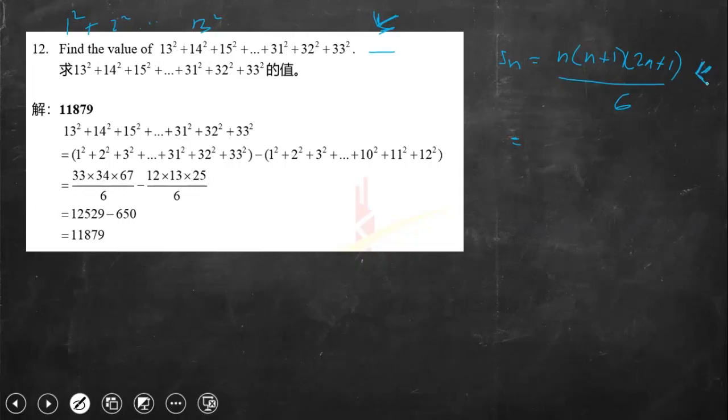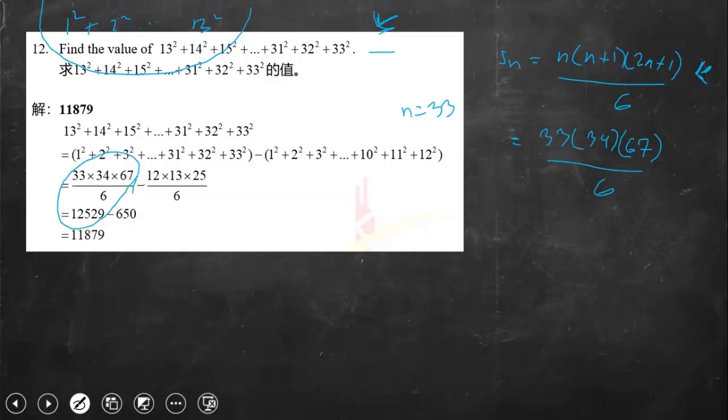I'm just going to get the sum of the first n squares that include these, and just subtract it after. So the sum of the first 33 squares: we have 33 times 34 times 67 over 6. That's how we have this.